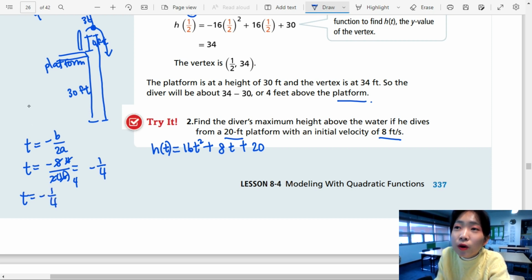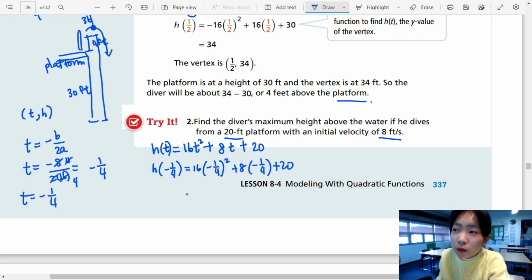And now with your new t and h, your vertex will be (t, h), right? You figured out the t value, the domain value of the vertex. And now you're going to figure out the value of h using your value of t. h of negative 1 over 4 is equal to 16 times negative 1 over 4 squared plus 8 times negative 1 over 4 plus 20.